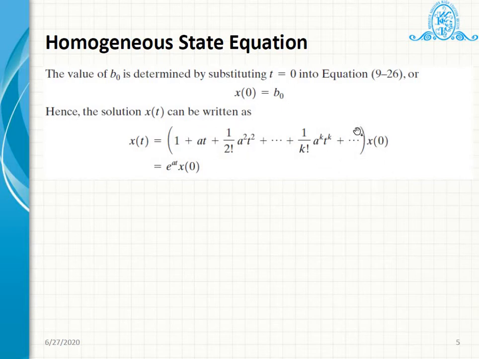Now this series is nothing but e raised to a t. So x of t is equal to e raised to a t times x of 0.